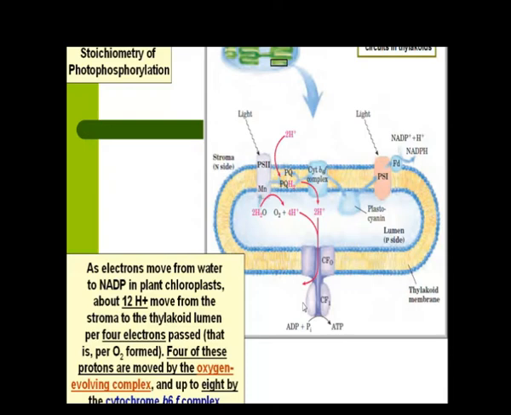Because of this transfer of electrons, hydrogen is thrown out by ATP synthase, and because of this, ADP plus Pi combine to form ATP. What if this pH gradient would not have been there? Then the ATP would not have been synthesized. But that is the main aim, right? ATP synthesis is the main aim of the process.